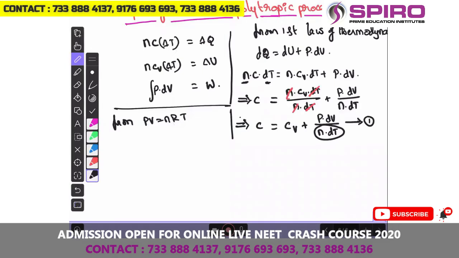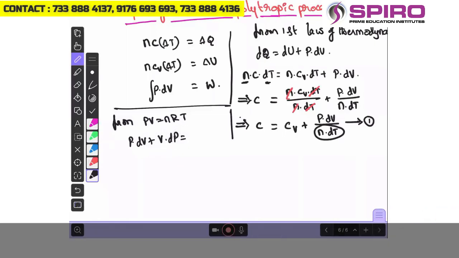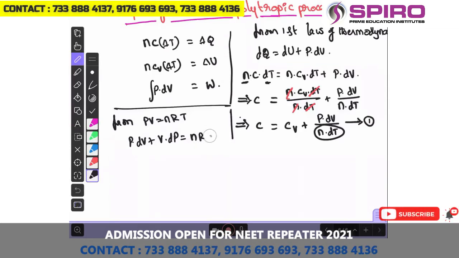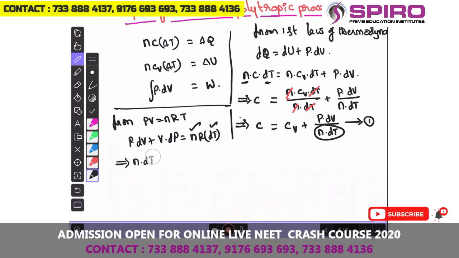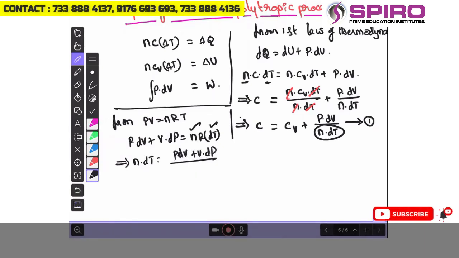It will become P dV plus V dP is equal to nR dT. n is a constant, R is a constant, and the differential change in the temperature is dT. From this you can obtain the value of n dT. So what is n dT? This implies n dT equal to P dV plus V dP divided by R, right?